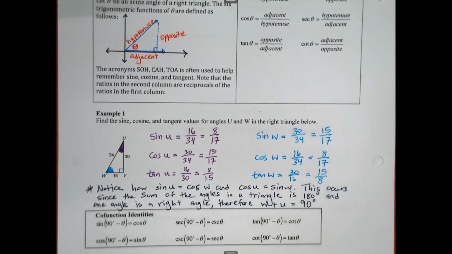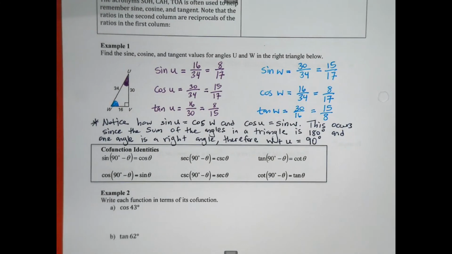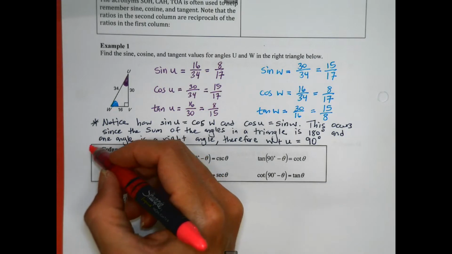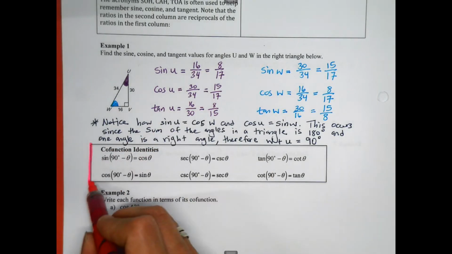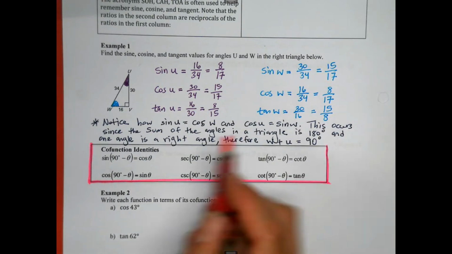And because of this, we have what they call the cofunction identities. Our cofunction identities: the sine of 90 minus any angle theta is always equal to the cosine of theta.